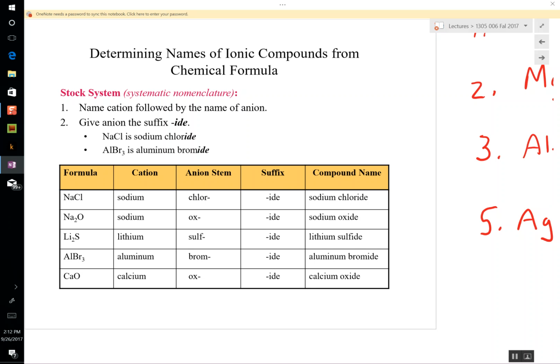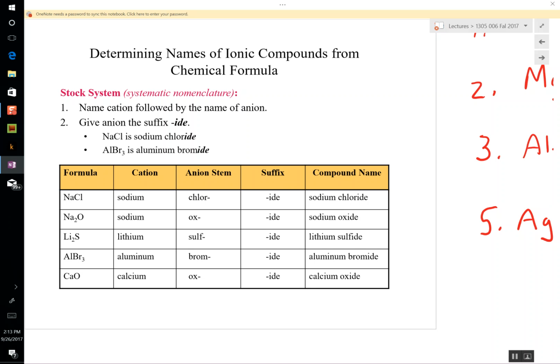So let's do aluminum. Aluminum sulfide. I'm starting out with a hard one. Let's do something like sodium sulfide. Look at that. I go to write sodium, and I write the symbol.